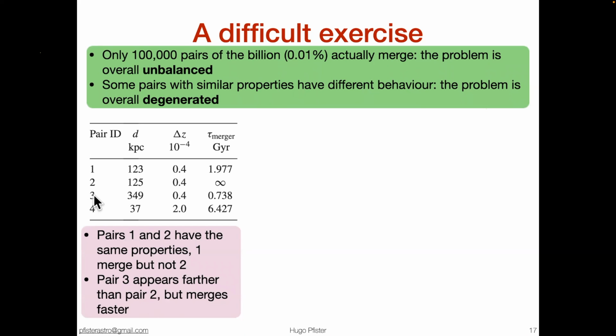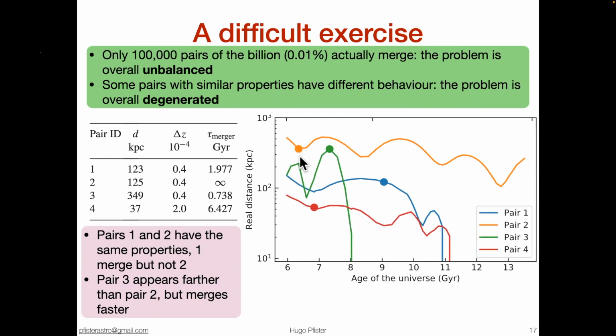And similarly, pairs 3 and 4. Pair 3 looks to be very far in the sky, but it merges very fast. And pair 4 looks to be very close in the sky, and it takes a very long time to merge, 6.5 gigayears.